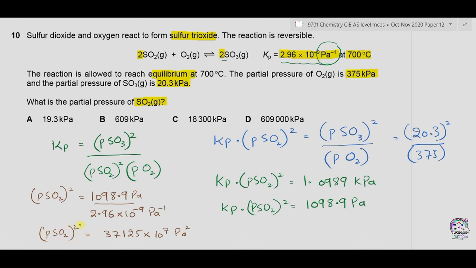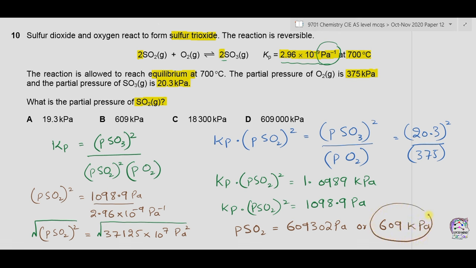We can take the square root on both sides. So pressure of SO2 is equal to 609302 pascals, or 609 kilopascals. The answer is therefore B.